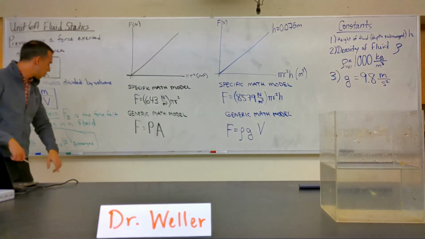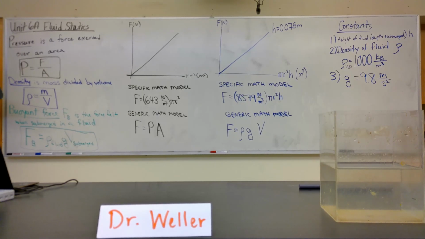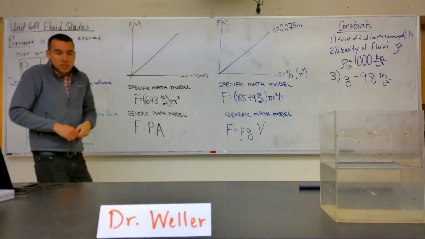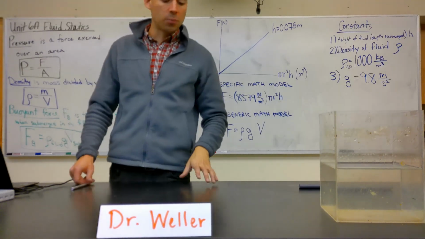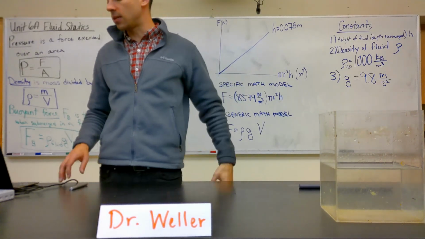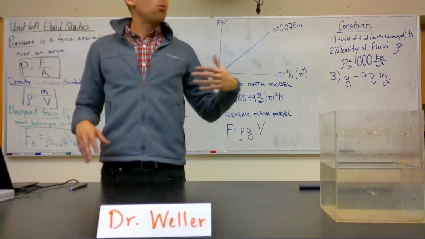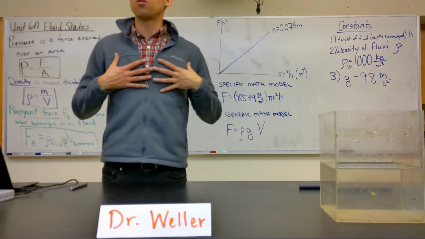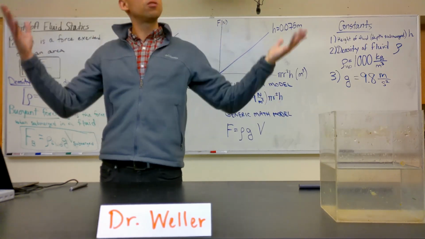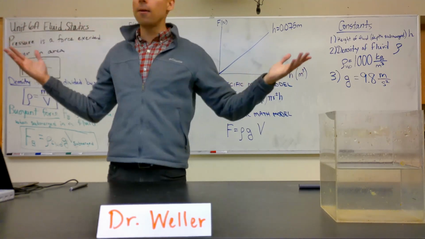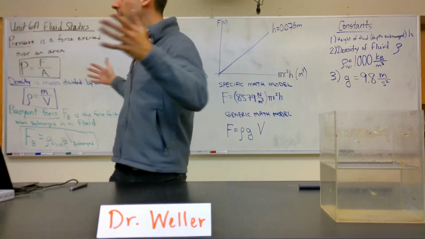One other note is that the buoyant force always points up. It will never point down. Just like gravity always points down, buoyancy always points up. It's the thing that causes things to float. And we are all experiencing a buoyant force right now. We are submerged in a fluid. We're surrounded by air. I can feel it a little bit around me.